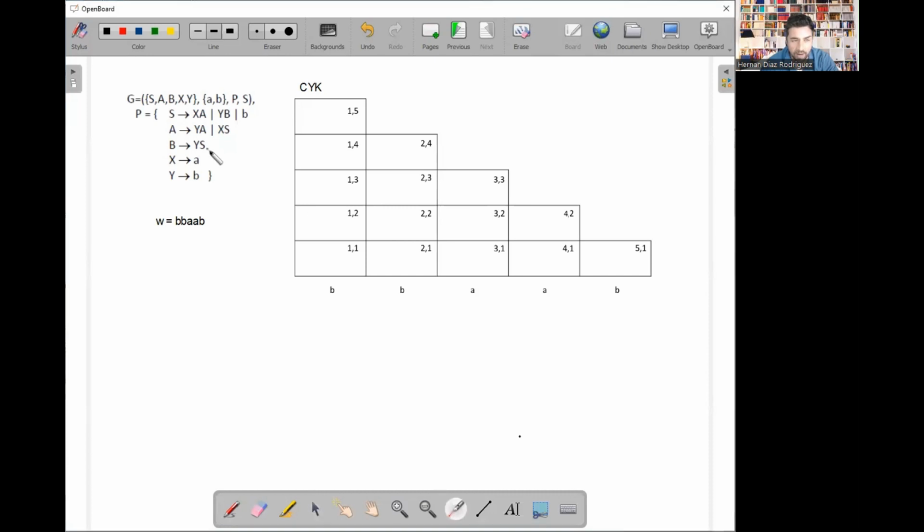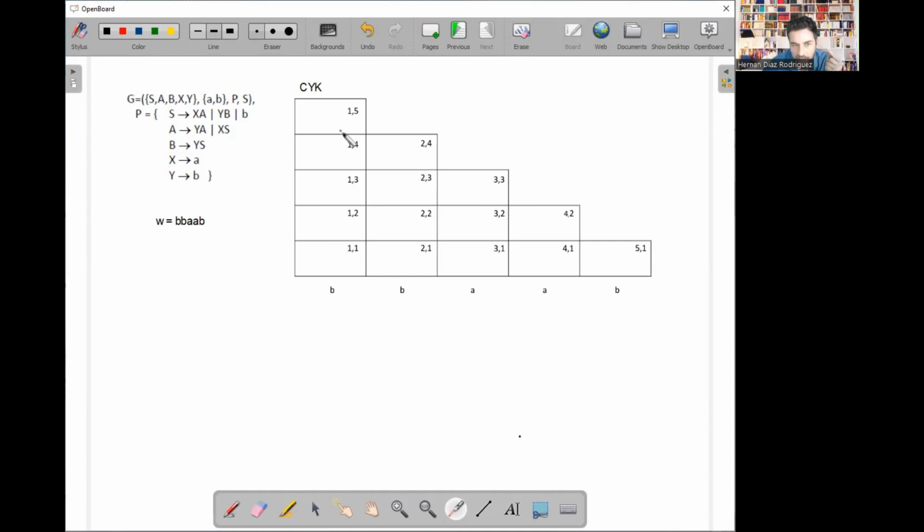Okay, so once we have the grammar in Chomsky normal form, we can apply the CYK algorithm. The most important concept of this algorithm is that we try to find if the word is generated by this grammar. The way of doing this is starting from the terminals and going back, trying to reach the initial symbol of the grammar, right?